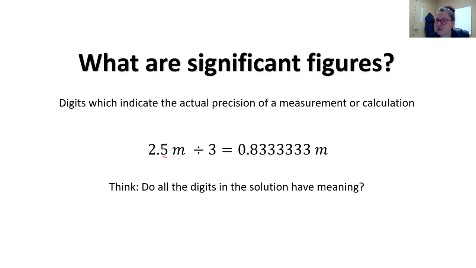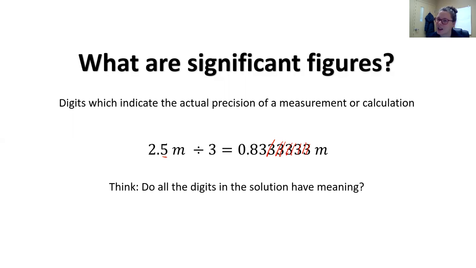Well, if the first number is only accurate to tenths, it's impossible for the second one to have meaning in all of the digits. It's just not logical. So no, the digits in the solution don't all have meaning. So using the rule that I've given you before, 2 digits here, you would probably cut this off. At that point, you'd say there's 0.83 meters.